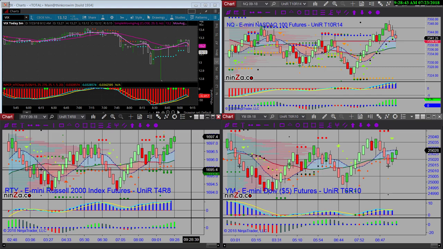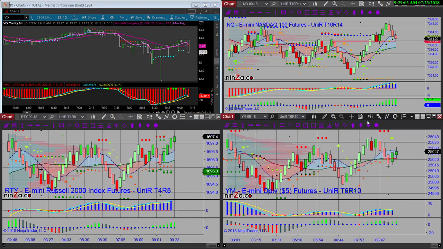I transitioned to Ninja Trader 8, and I love it. There's only one thing in Ninja Trader 7 that I really like that I wish that they'd have kept in 8, is that when you want to go over and change Chart Trader on or off, it was a one button click.